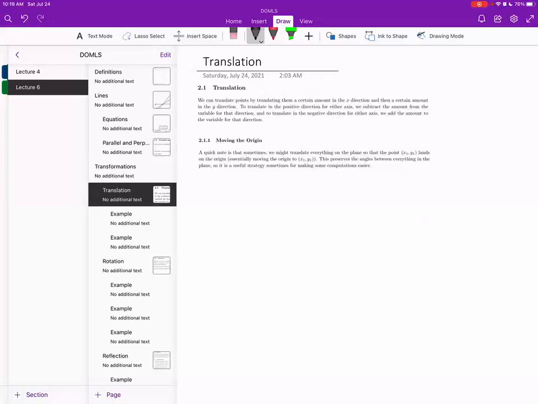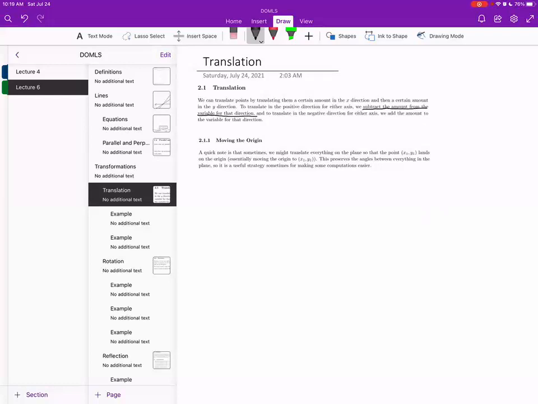If we want to translate something in the positive direction for either of the axes, we just have to subtract the amount that we want to translate from the variable for that direction. We can see this through examples in a moment. And to translate in the negative direction, we just add the amount to the variable for that direction.